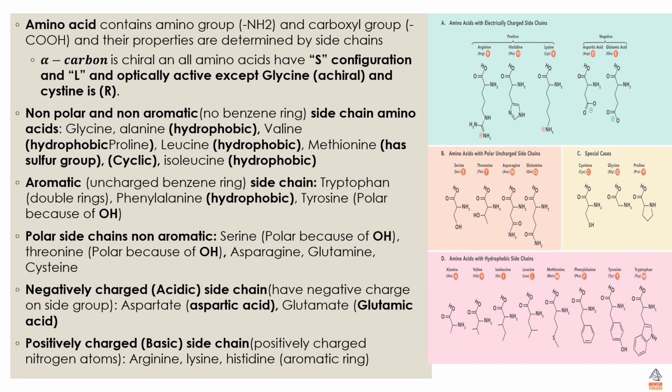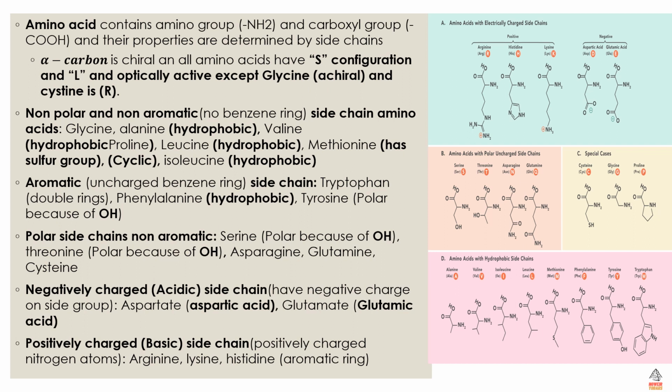So what's an amino acid? An amino acid contains an amino group, which is basically NH2, and a carboxyl group, COOH. I just recently made an episode on nomenclature for organic chemistry, so go check that out. The amino group comes from amine, including nitrogen.